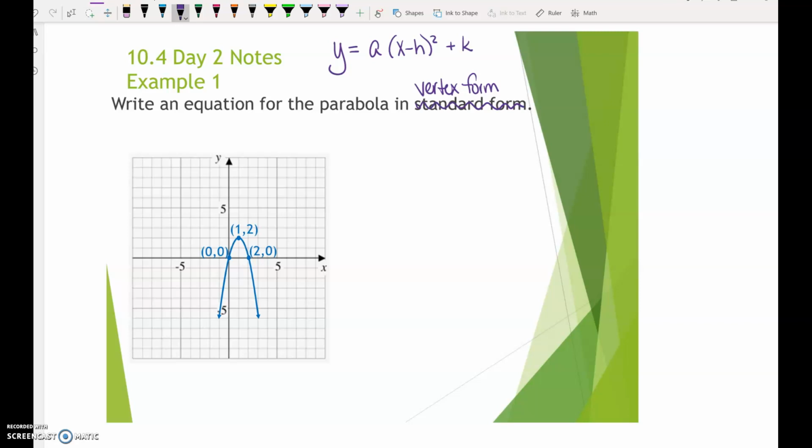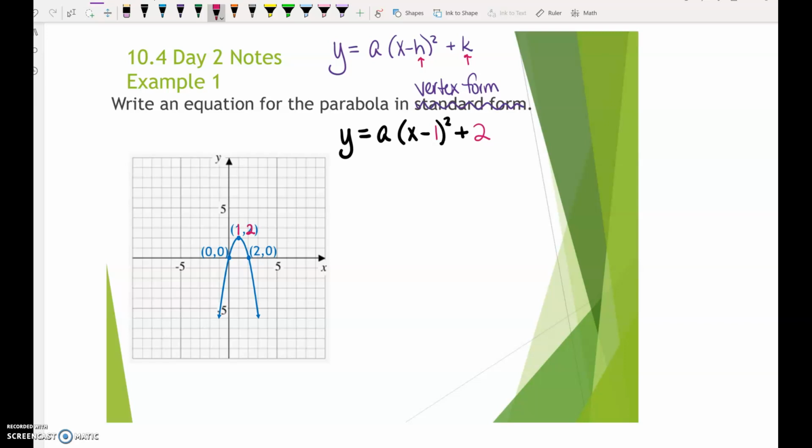So your first step is going to be to take this vertex, 1, 2, and put that vertex into this formula. So we have y equals A times x minus, the x value of our vertex is 1, squared, plus the y value of our vertex is 2.